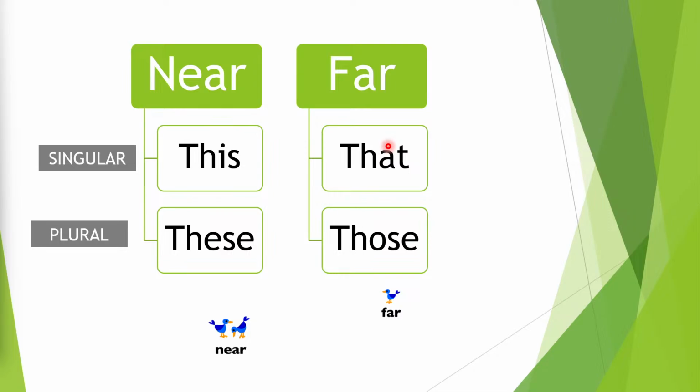It means that the distance is longer. Okay, so I should say that is my car. Car, singular, but it is far. Okay, it is far from me. Now, if I am talking about more than one, I should say, for example, those are my siblings.